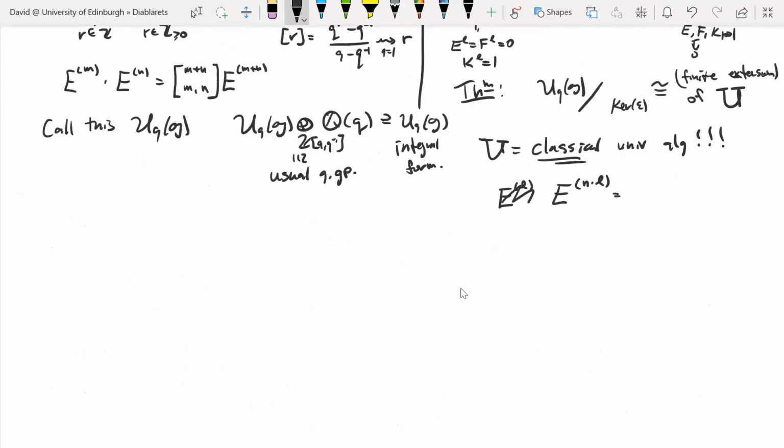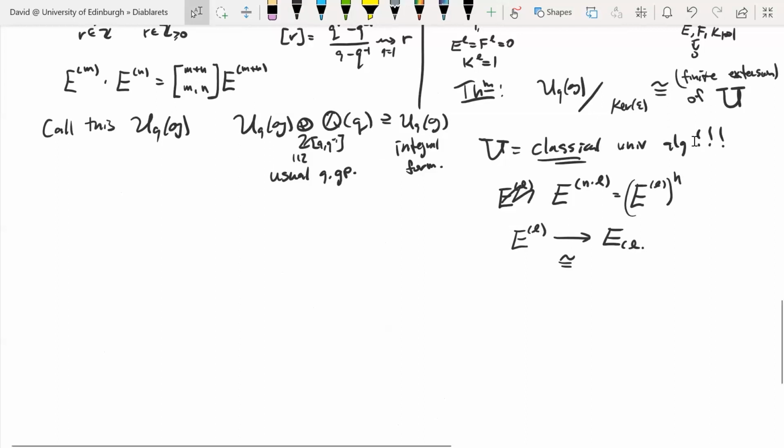And it turns out that modulo the lower stuff, you can really think of this as just E to the L raised to the N. And if you send E to the L to the classical generator E, then this defines an isomorphism. There's a finite extension, which I won't worry about.